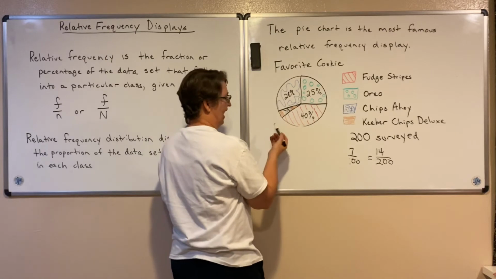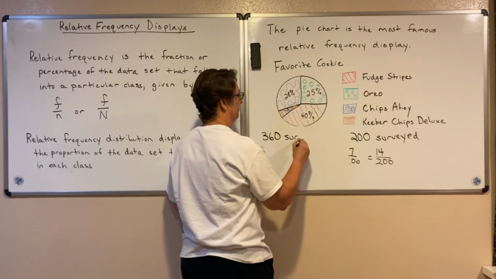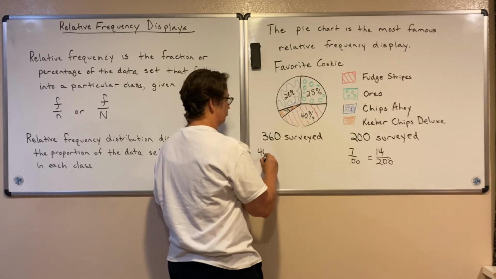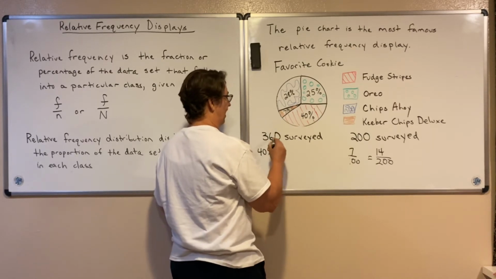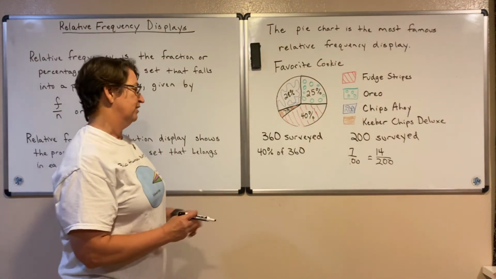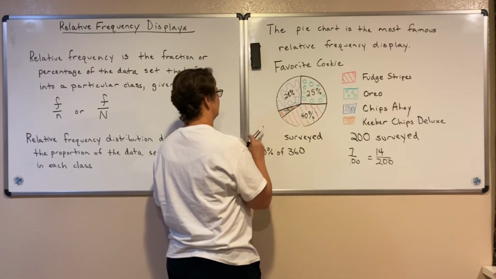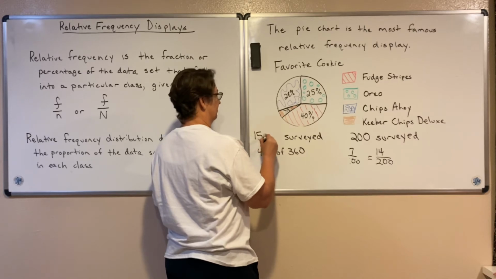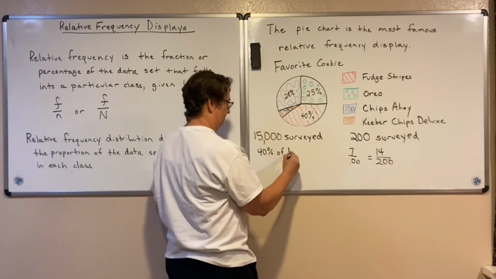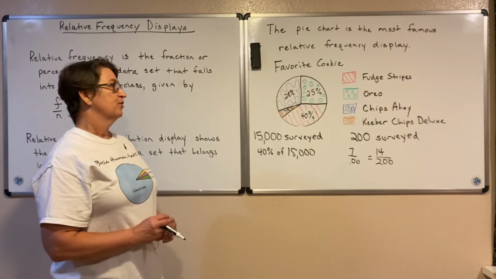So let's say that I have, let's use not a pretty number, like 360 people that were surveyed. If I want to know how many people said fudge stripes, I would just do 40% of that 360. Or let's make this, instead of 360, let's make this 15,000. So then I would say 40% of that 15,000 is how many said fudge stripes.